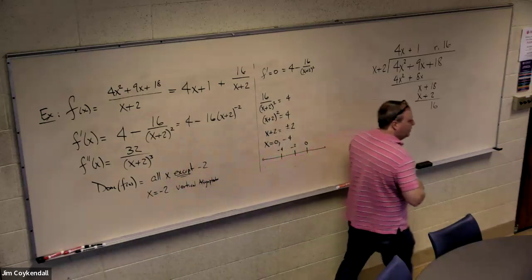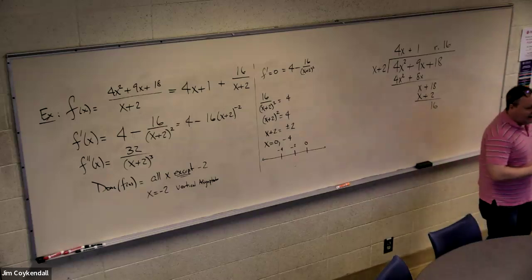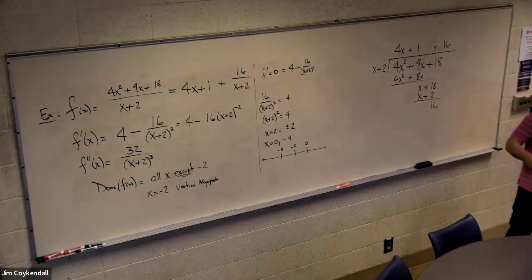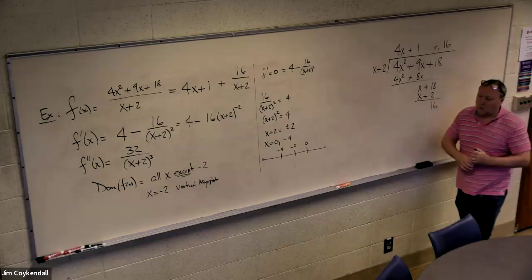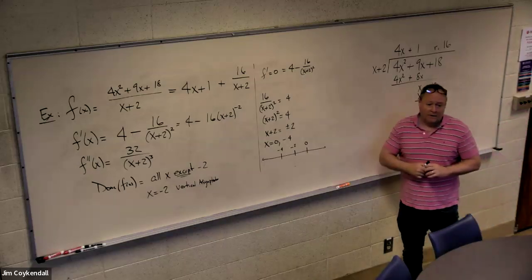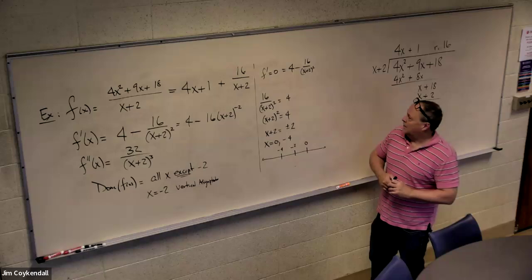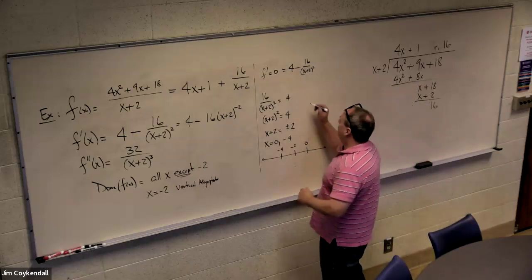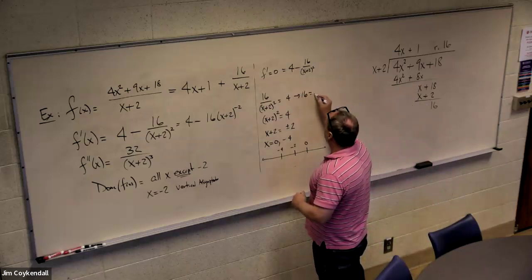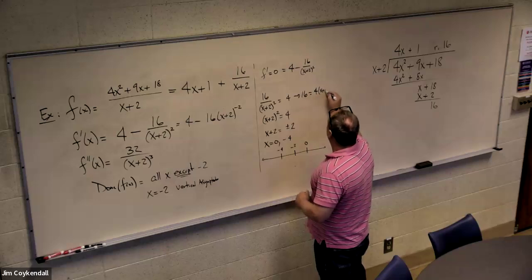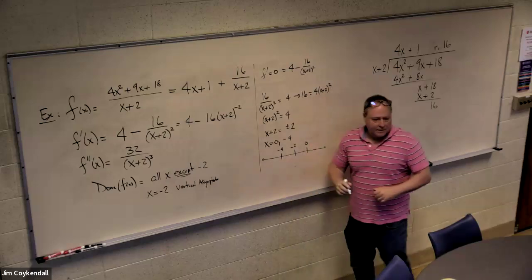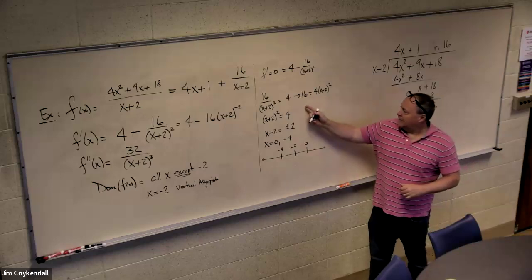The critical numbers have to be in the domain of the function. Negative 2 is not in the domain of the function because it's where the denominator is 0, but I need to report it. Right. Let me take another step. Okay.